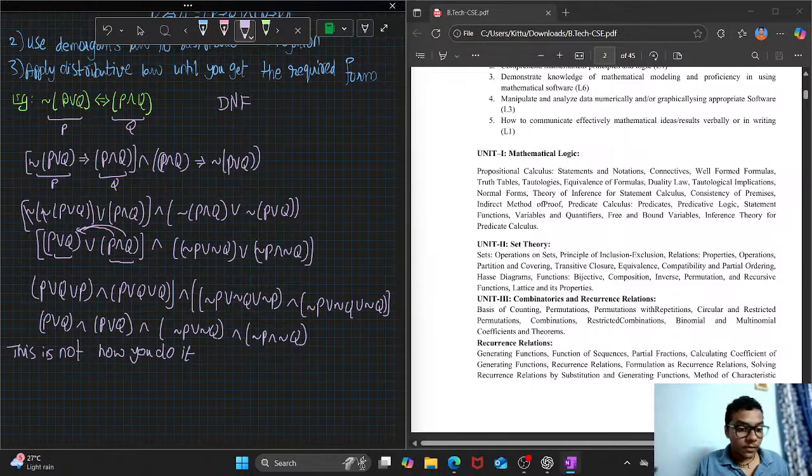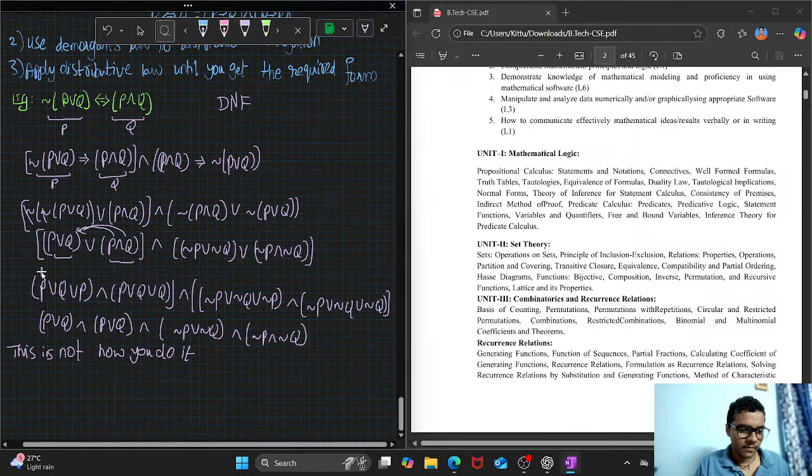So how do you do it? By the way, the same procedure until here, regardless of DNF or CNF, you remove the implication by the implication law. This came out to be the CNF form. We are trying to do a DNF form, right? That's why this is not the answer. But I'm not saying this is incorrect. This is correct, but this is not the question that was asked here.